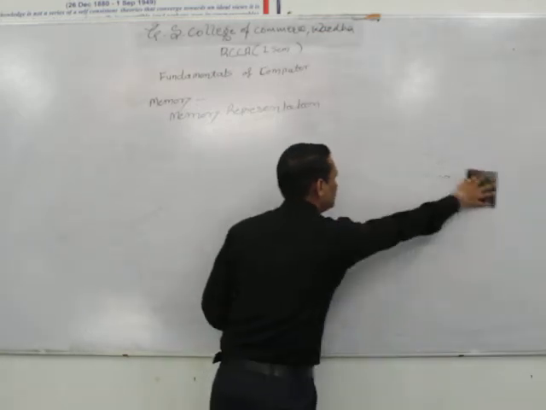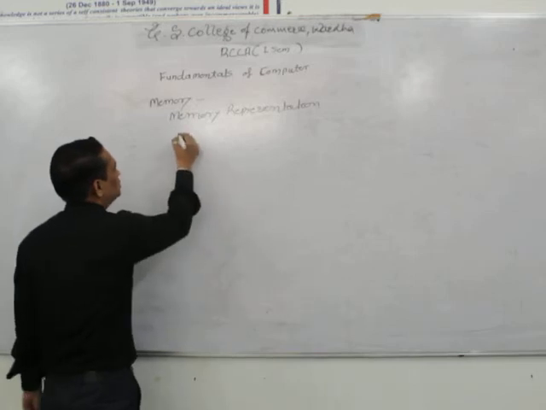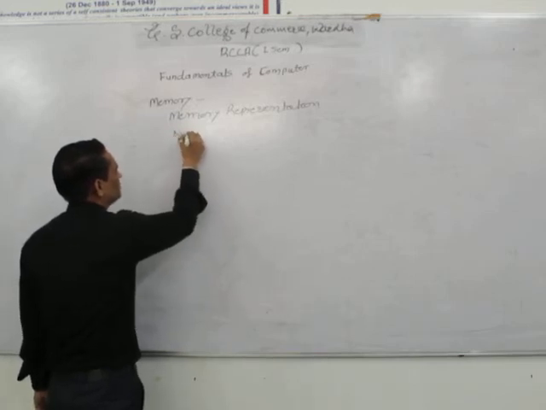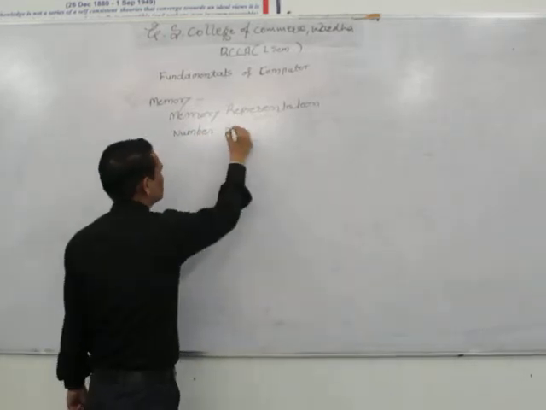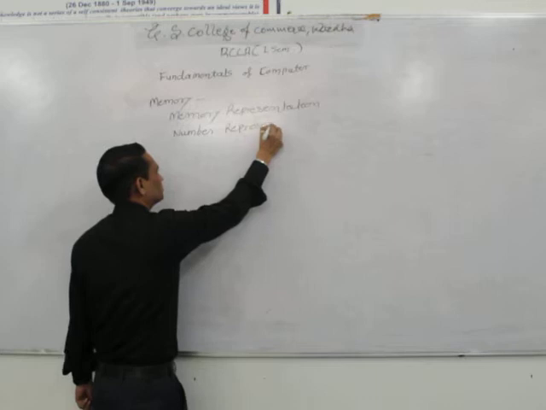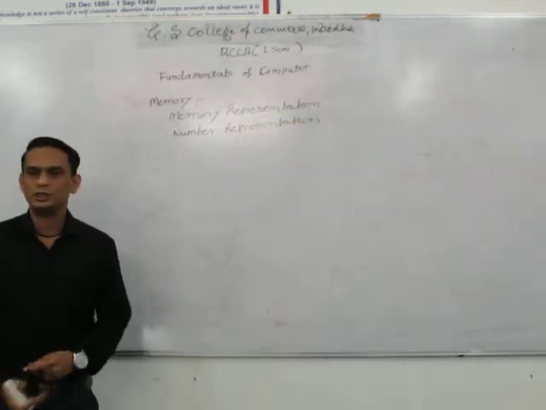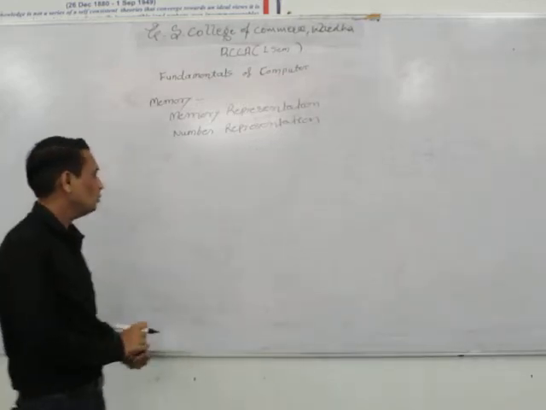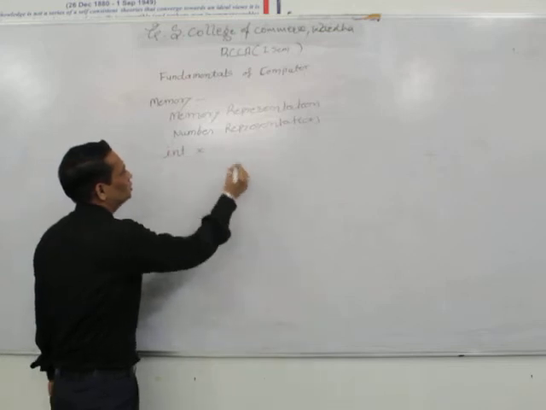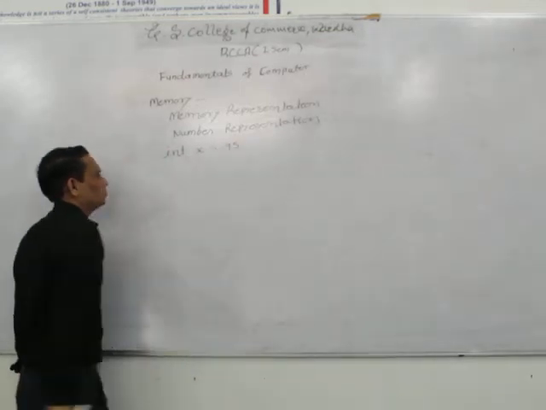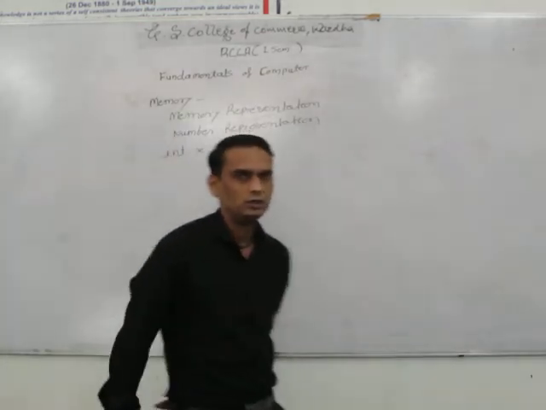So how can a number be stored in our computer? Number representation in a memory. Just like an integer x equals 95. This is a decimal number and it can be stored into our computer system.